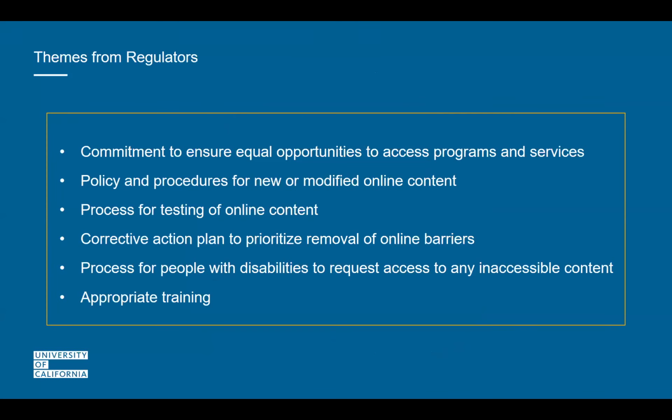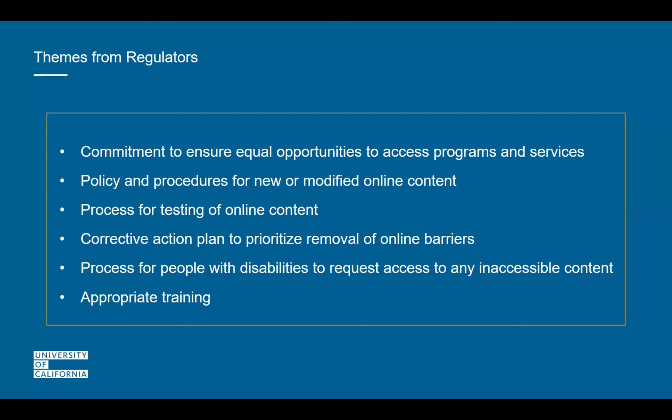The last thing I want to do is outline some of the themes that we hear from regulators about best practices for website accessibility. And these are items that are often present in settlement agreements that OCR or DOJ reach with institutions. First, and most broadly, is a commitment to ensuring that people with disabilities have equal opportunities to access programs and services.